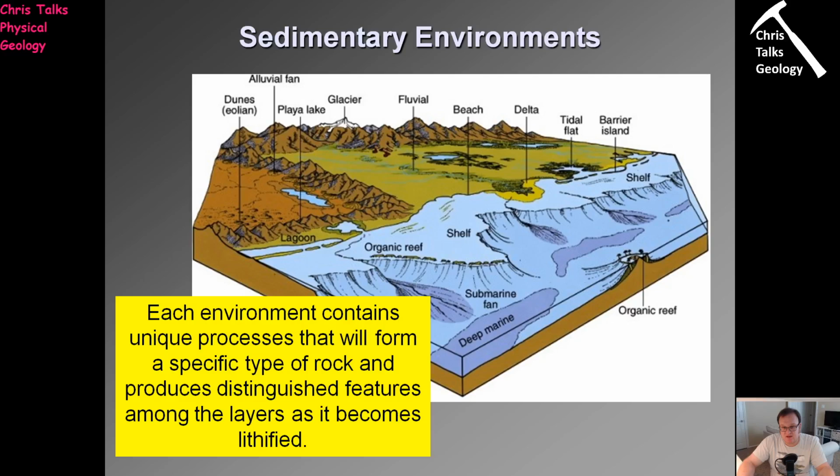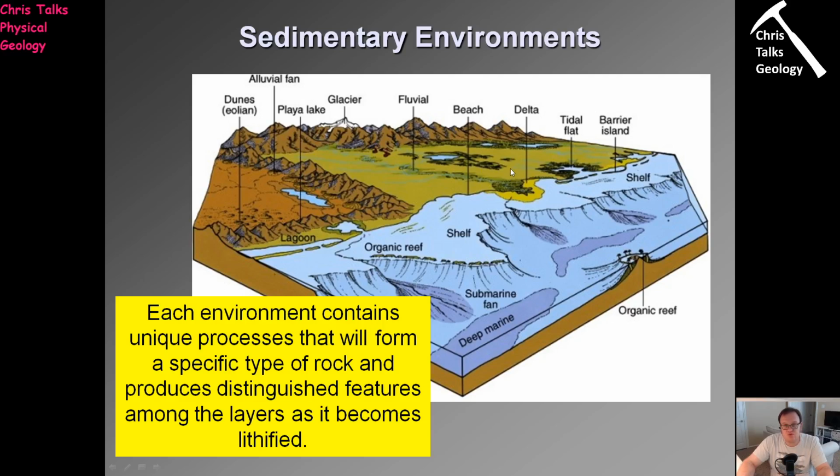We would not expect to find a limestone with lots of coral fossils forming in a desert environment, however. We would expect to find a sandstone forming in that desert environment. And that sandstone would probably have what we refer to as crossbeds in it, which is a type of structure, which once again we will be discussing a lot more in the next lecture.